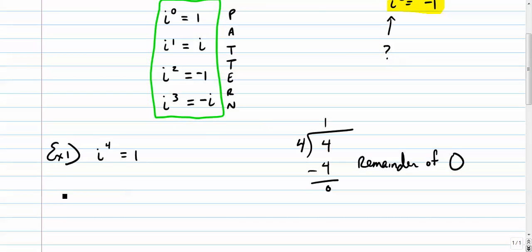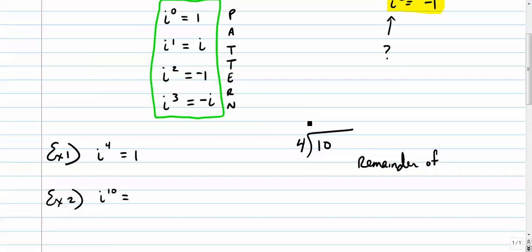Let's try another one. i to the 10th power. Rather than expanding it, i squared, and so on, rather than doing this, which takes a little bit of time, especially if the exponent's really, really big, we want to have a nice pattern, and that pattern again is to take the exponent and divide it by 4.